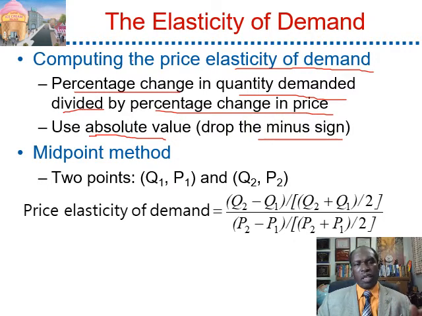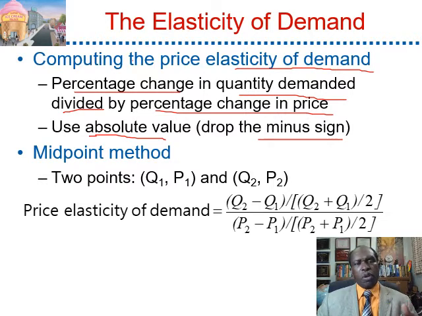Therefore, the value of elasticity would be negative 5 divided by 10, which is negative half. We drop the minus sign, so it's half, meaning that a 1% increase in the price of gasoline will reduce the quantity demanded of gasoline by half a percent. By the way, because the value of the elasticity is less than 1, we say that the price elasticity of gasoline is inelastic.